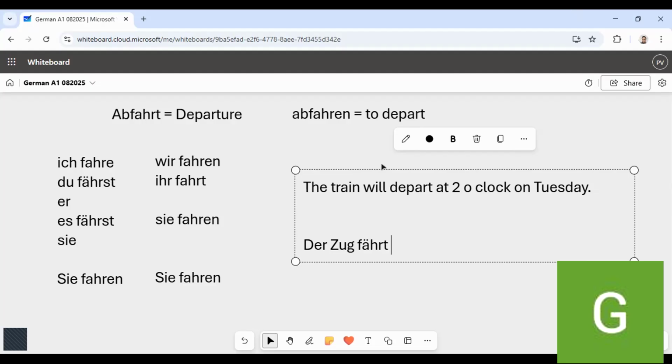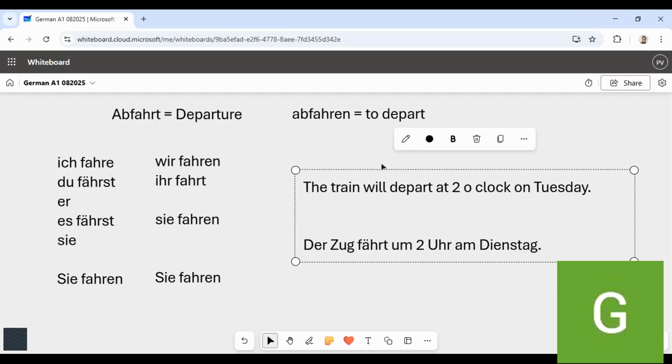What preposition will come with time? Zwei Uhr. Um zwei Uhr. And then what preposition will come with Tuesday?